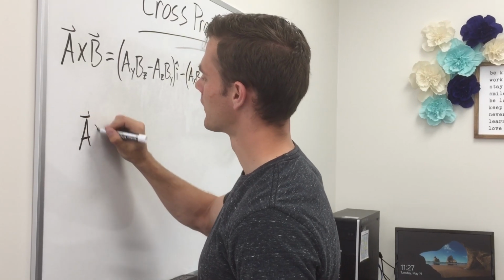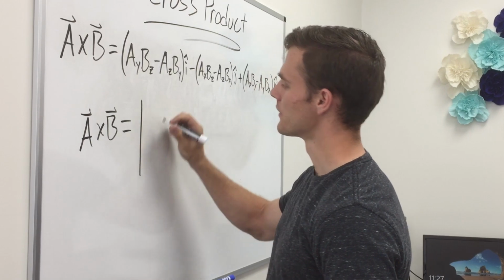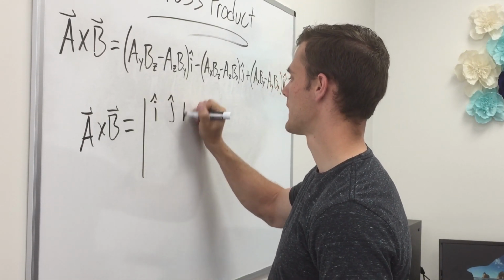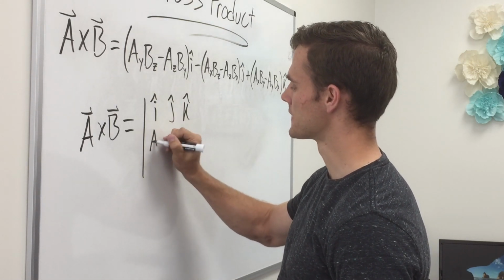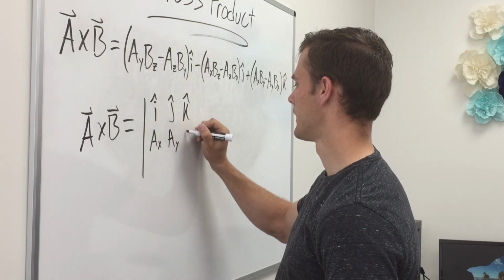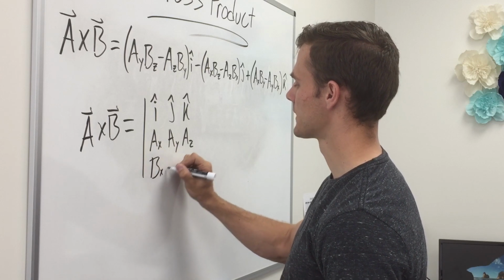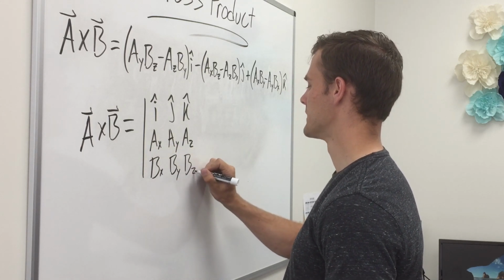A cross B equals, the top row is the directions of I, J, and K, and the second two rows are the components of A and B. So A sub X, A sub Y, and A sub Z, and B sub X, B sub Y, and B sub Z.